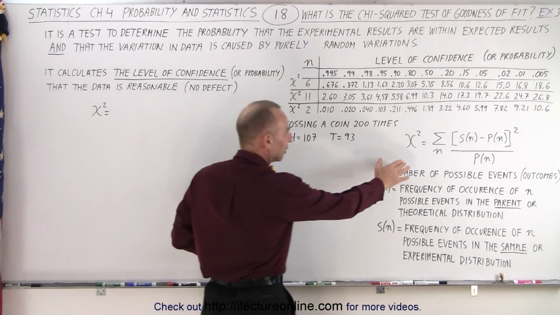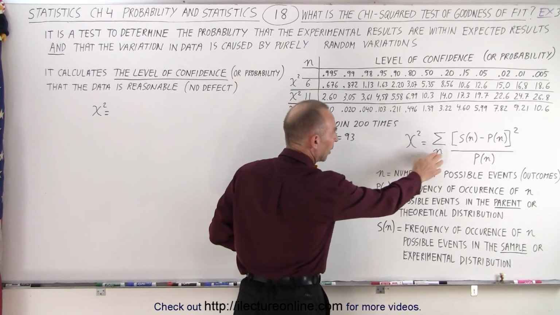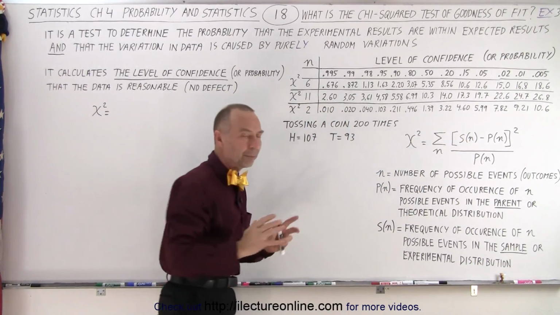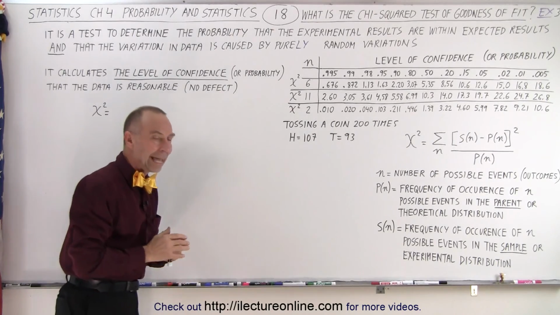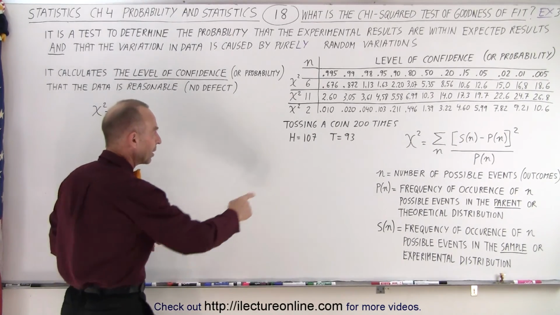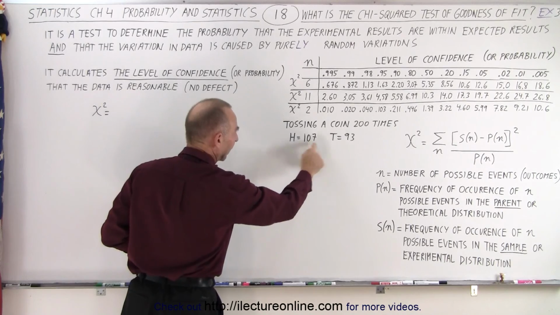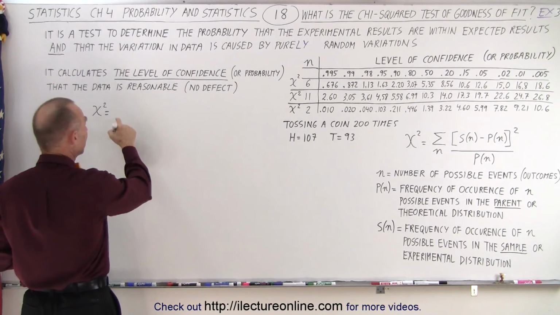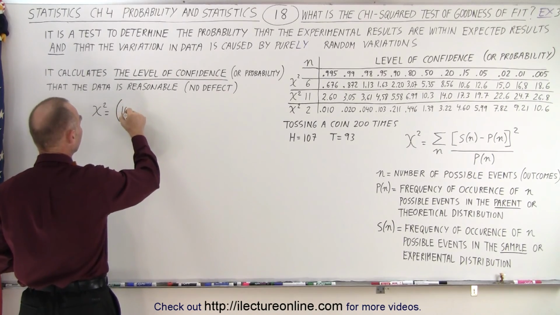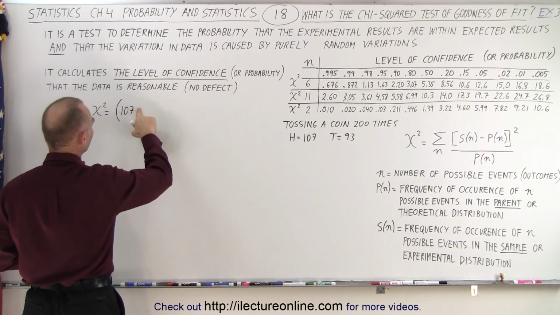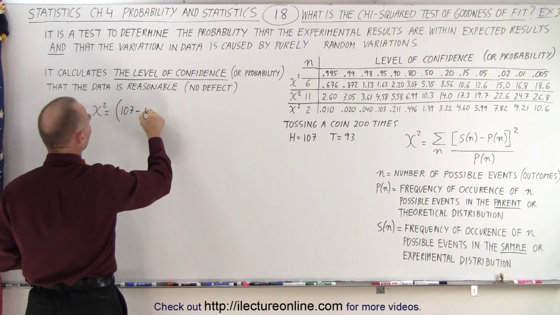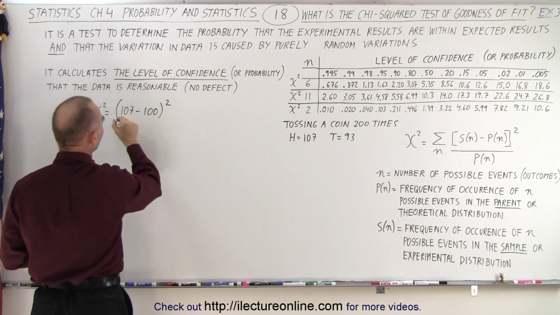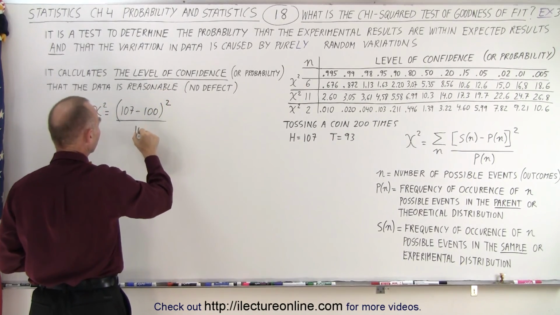Well, we have our equation here where chi-squared equals the sum of the difference squared between the theoretical value and the experimental value. Here, of course, the theoretical value would be 100 heads and 100 tails. So chi-squared will become equal to 107 minus 100, quantity squared, divided by the theoretical value, which is 100.